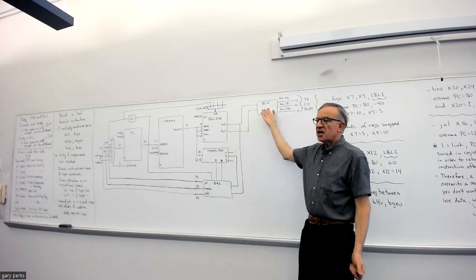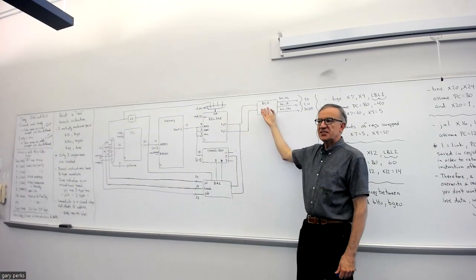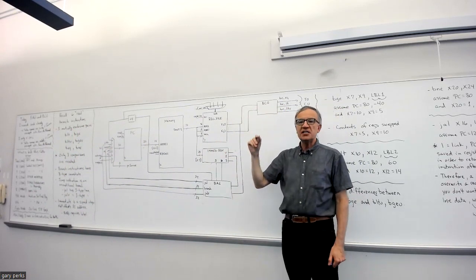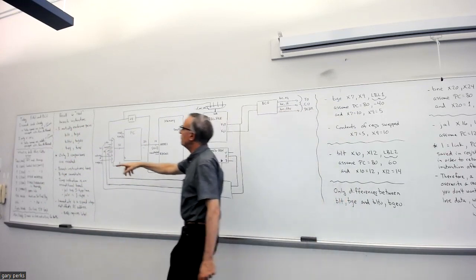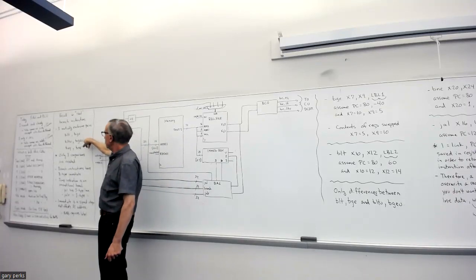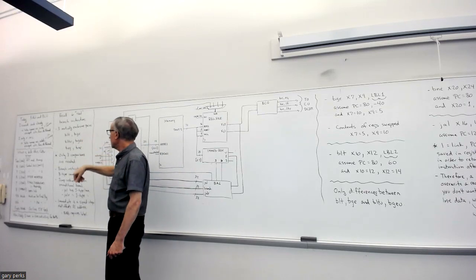So the Verilog or SystemVerilog code that goes into this is just going to be 3 if else statements. Right? You'll have 1 if else for this comparison, 1 for this comparison, 1 for this comparison.